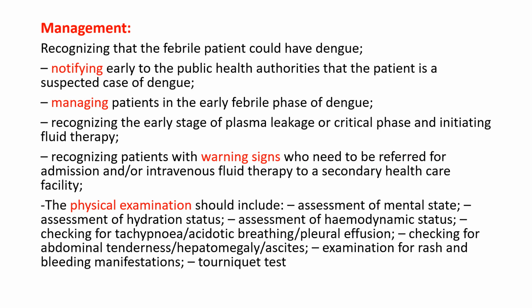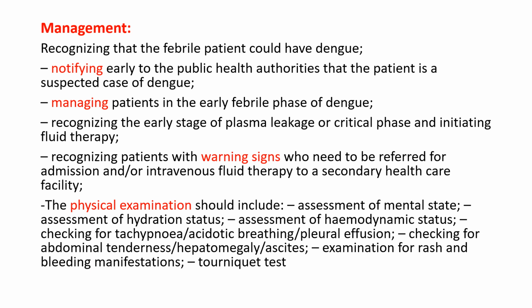Coming to the management. Recognizing that the febrile patient could have dengue, one needs to notify the public health authorities and manage right from the early febrile phase of dengue. And recognizing the early stage of plasma leakage or critical phase is very important, because thereby you can initiate the fluid therapy at the earliest. And recognizing patients with warning signs who need to be referred for admission is also very important.